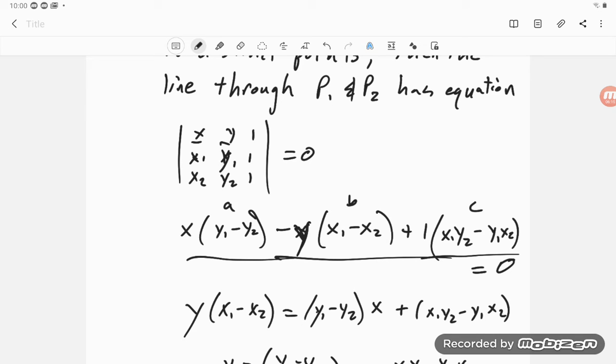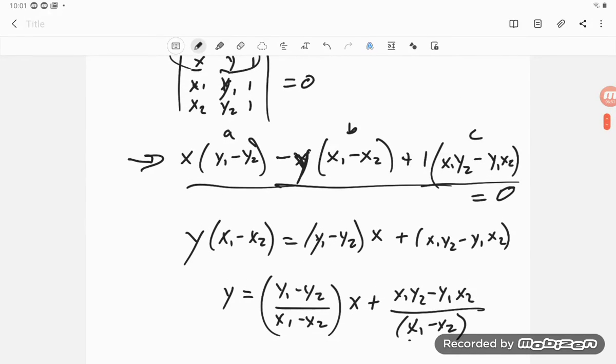The reason they threw this in is then it is obvious, I say obvious, that x1 y1 and x2 y2 are on this line, because that's the real question. Because if I put x equals x1 and y equal y1 up here, then I have a matrix with two rows the same, and so that will satisfy a determinant of 0. Okay, so I don't necessarily even have to here.